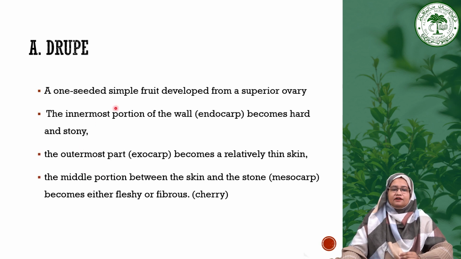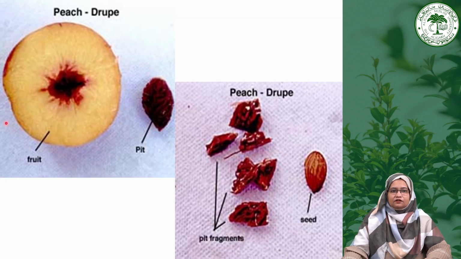Drupe is a one-seeded simple fruit developed from the superior ovary. The innermost portion of the wall, that is the endocarp, becomes hard and stony, the outermost part, that is the exocarp, becomes a relatively thin skin, and the middle portion between the skin and the endocarp becomes fleshy or fibrous, as in the case of peach.